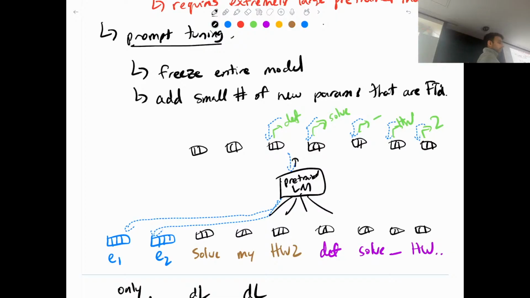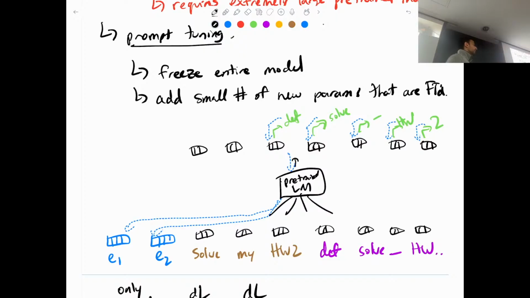Yeah. Sorry, I have another question actually. Okay, no worries. What if instead of adding 2 new embeddings, we added another layer on top that is not pre-trained, it's randomly initialized? Yeah, that's a good question. That is actually also a popular method for fine-tuning, where you keep the entire model frozen and then you just add a new layer on top.